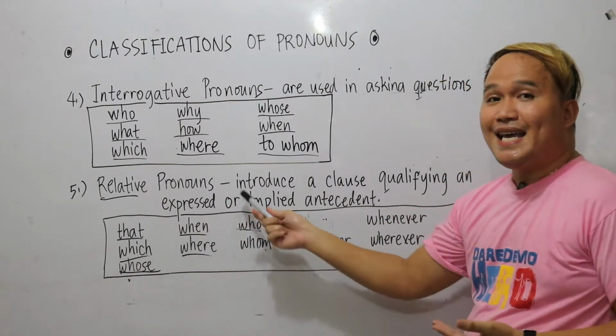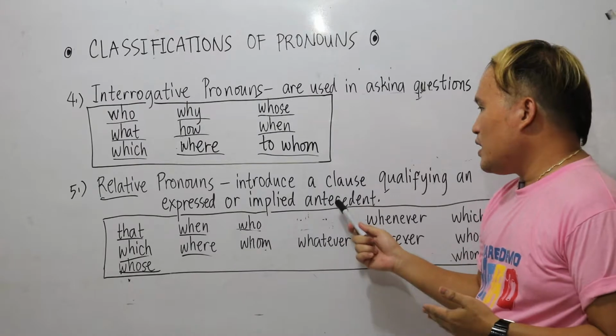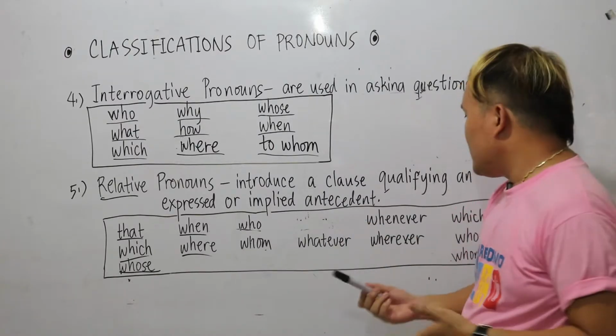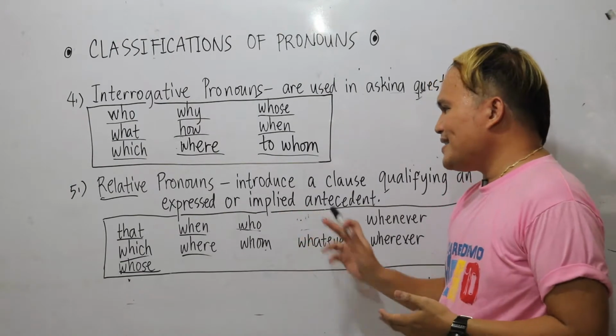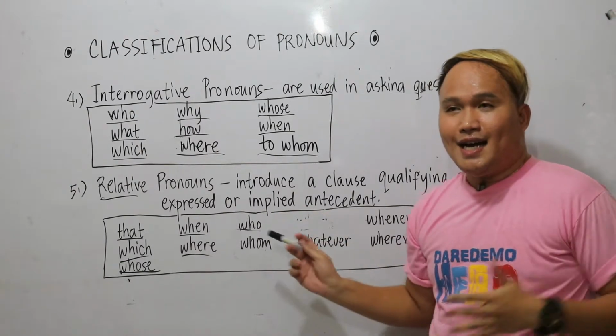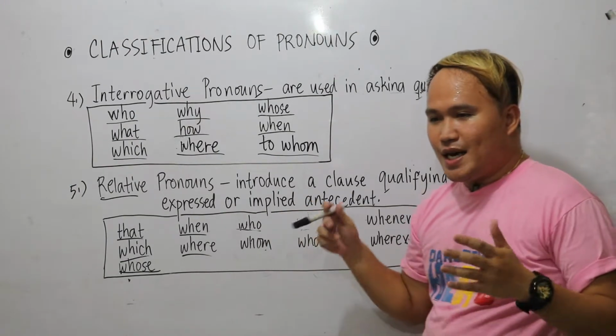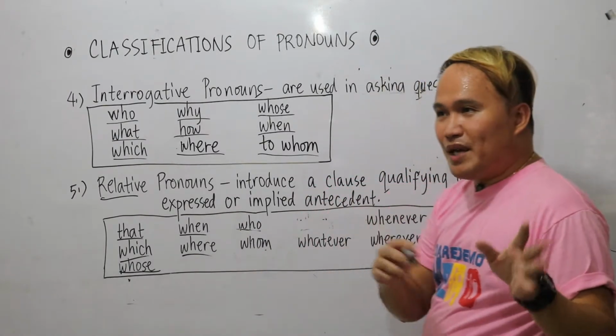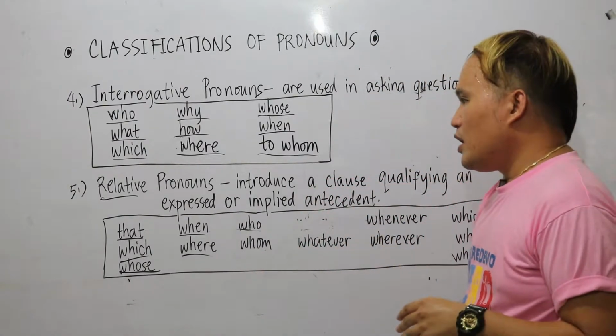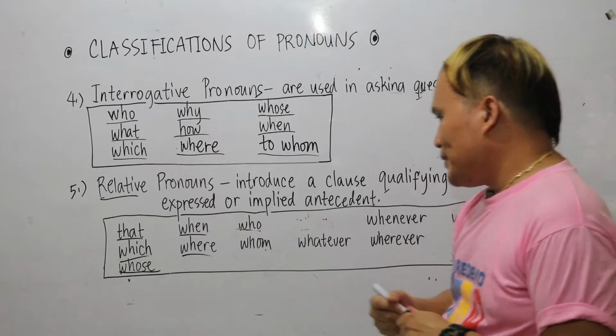Let's read. They introduce a clause qualifying an expressed or implied antecedent. Now, what does antecedent mean? Antecedent means it's the preceding clause, the one being introduced by another clause. So let's have an example here.